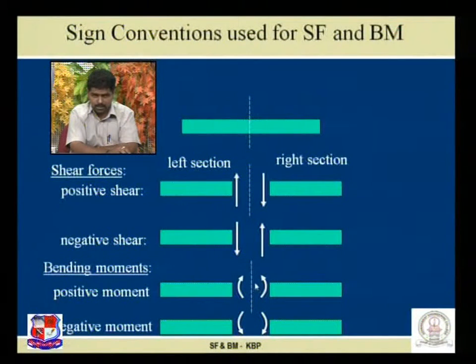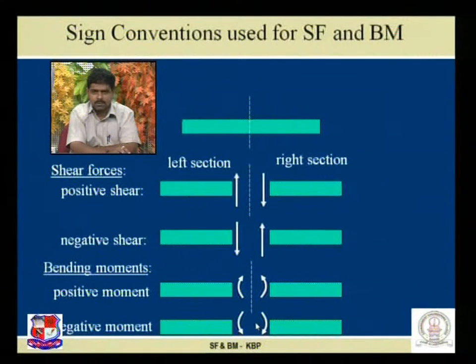For bending moment, for a section, if a moment is acting clockwise for a left section, or anti-clockwise for a right section, this is referred to as positive bending moment, called sagging bending moment.